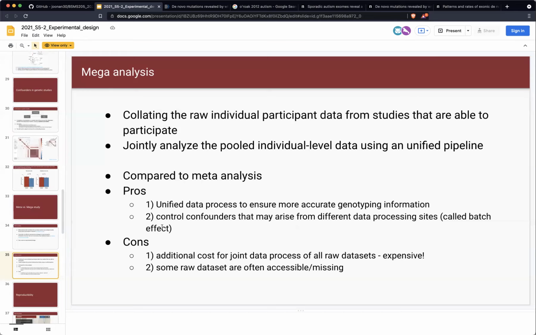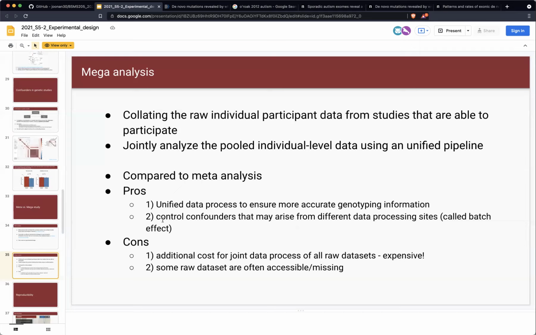So what you have to do for meta and mega analysis is think about some studies you learned over time, right? Think about the Kaplanis study in your first assignment. Then ask yourself, is Kaplanis's paper a meta-analysis or mega-analysis, right?